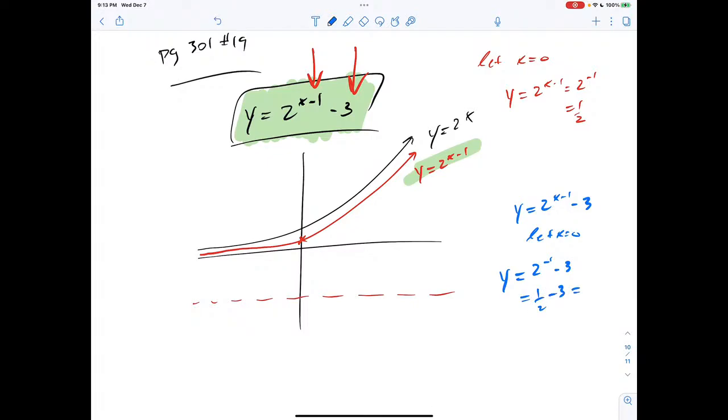So the y-intercept is minus 5 halves. It's somewhere down here. So when you do your graph, it'll look like this. And this is the horizontal asymptote of minus 3.